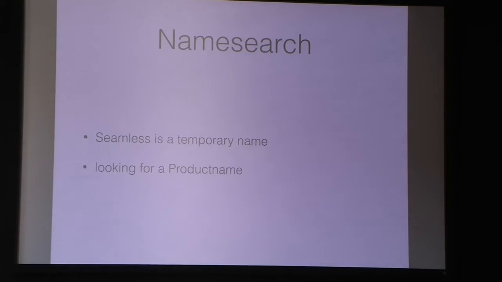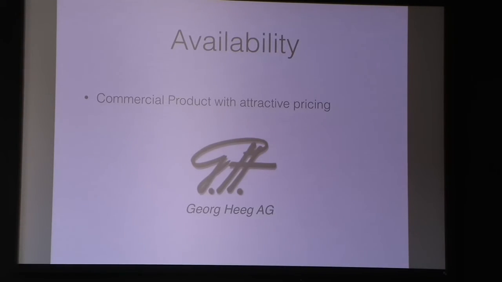Now you may have noticed that there was another presentation about Seamless today, which has nothing to do with our Seamless, but it's a temporary name, and we're still looking for a proper product name. The availability is that it's going to be a commercial product with attractive pricing, but not yet to be determined.